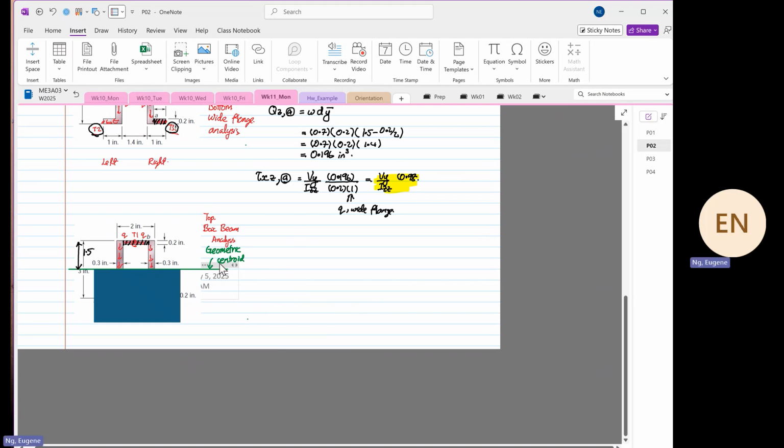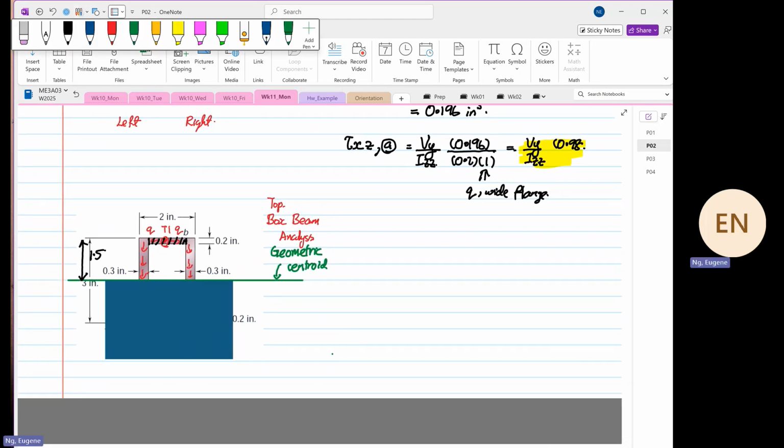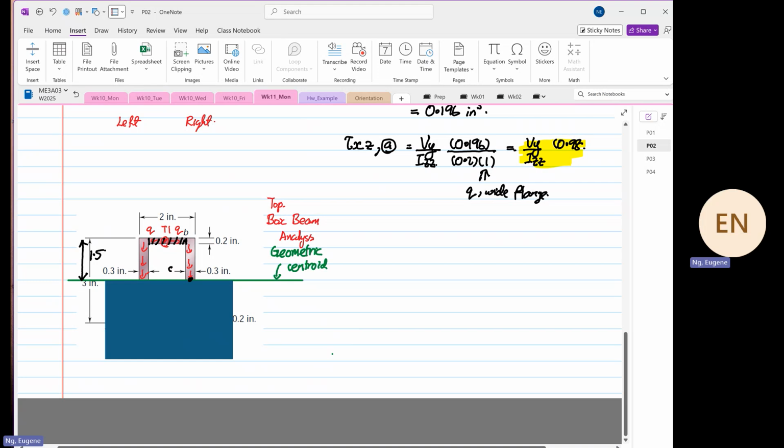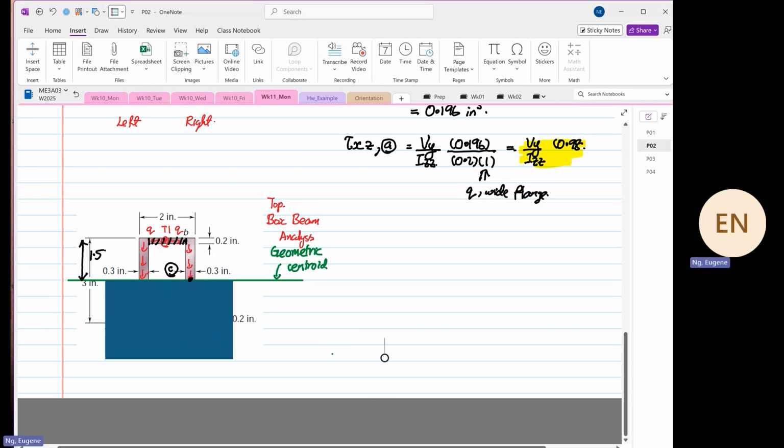So now we are going to find at this point, and this point is our point C. I'm going to do two methods of doing it. So at point C, we are going to use a box beam analysis.